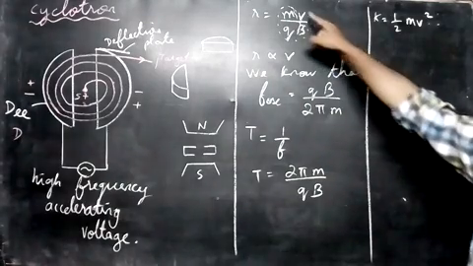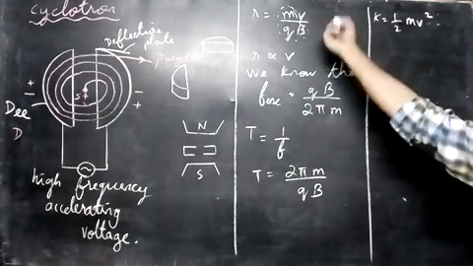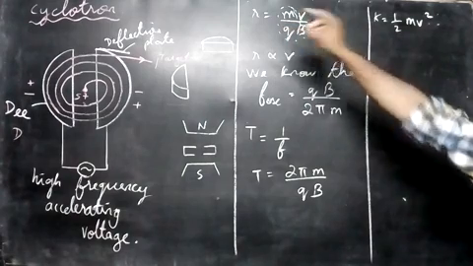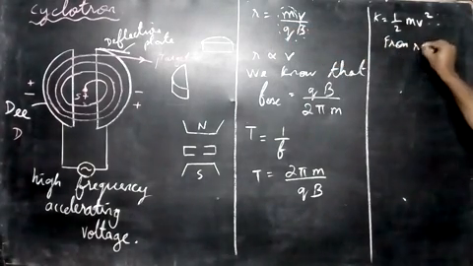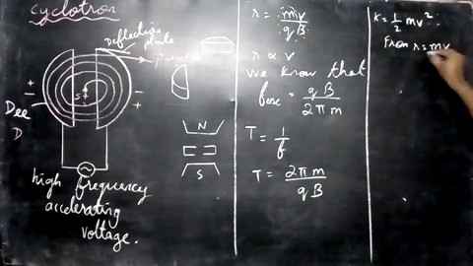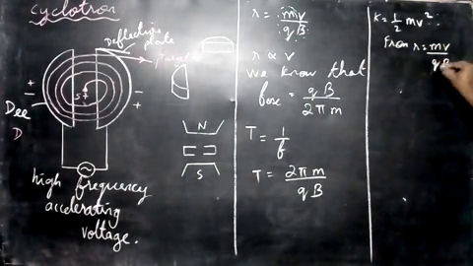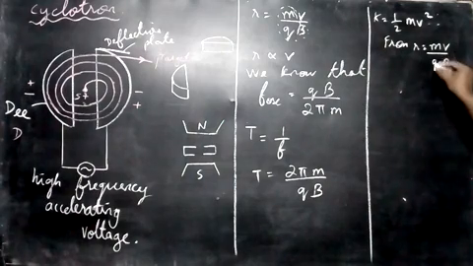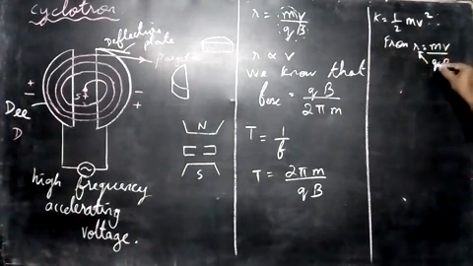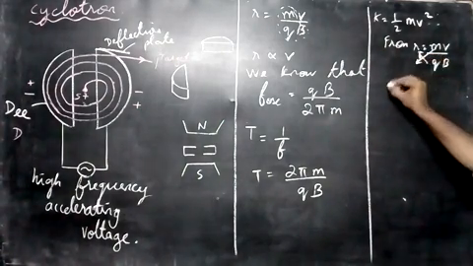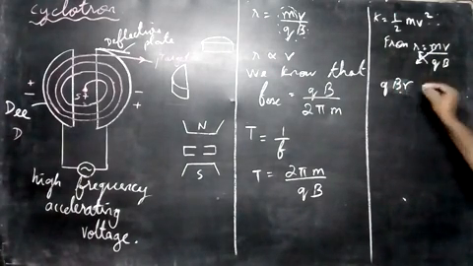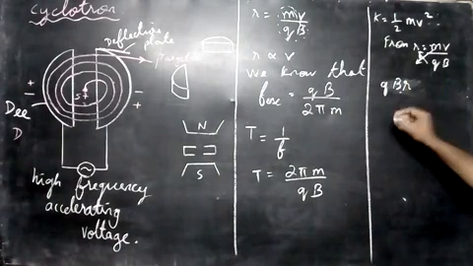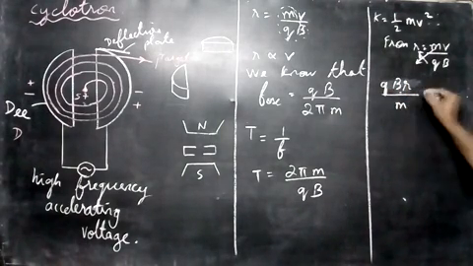Now I'll take this equation, and from it we get what v is. So from r is equal to mv divided by qB, we must get v. Cross multiply qB upwards and bring this m downwards. So we get qBr divided by m is equal to v.